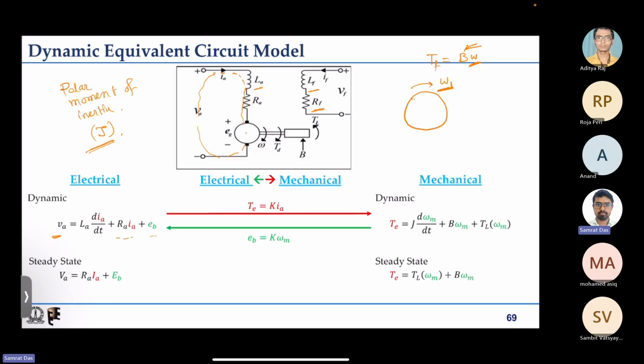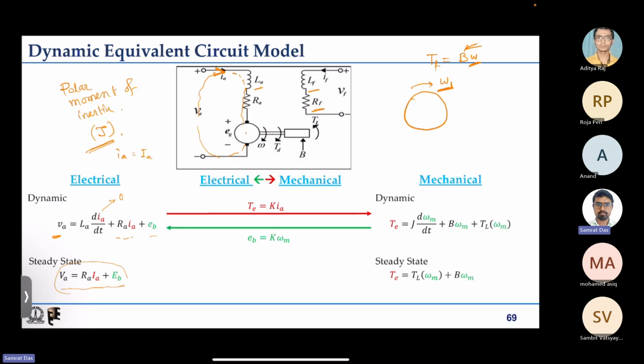If we want to go into steady state from this dynamic case, because this is a DC motor, the current will finally be DC. So IA in steady state will be capital IA, a DC quantity. Once we have reached steady state, dIA/dt goes to 0, so we have VA equal to IA RA plus EB. That is the steady state equation.